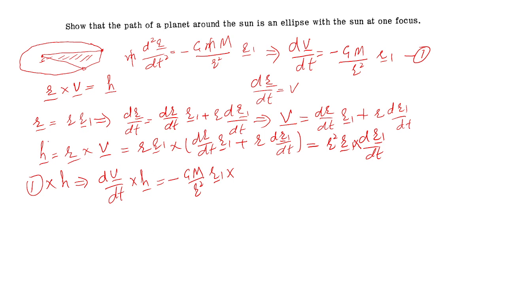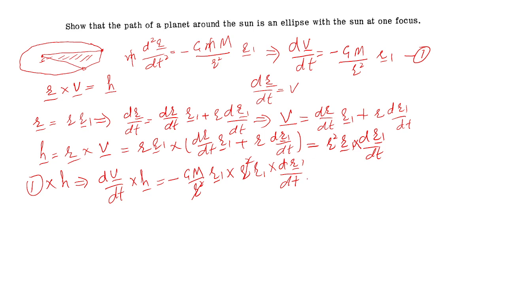The value of h is r square r1 cross dr1 by dt. You see, this r square is cancelled with r.